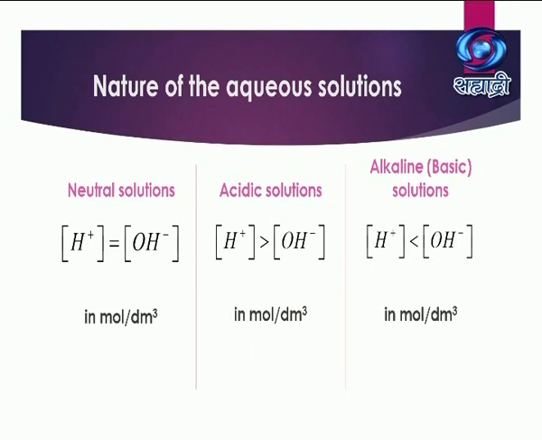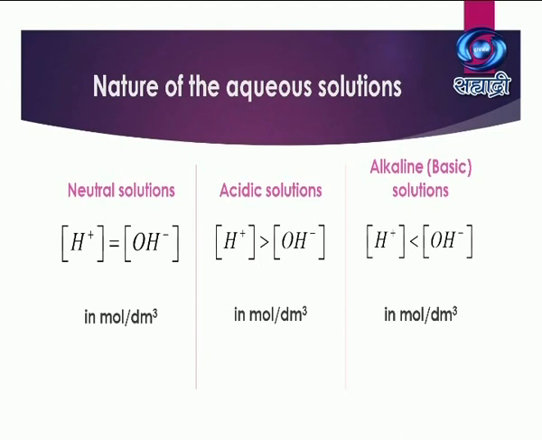But water is the substance which contains both these opposite characters together, and these opposite characters are always present in equal proportion, equal amount, and so pure water is always neutral. And so for a neutral solution, the concentration of H plus ions is exactly equal to the concentration of OH minus ions in moles per dm cube.